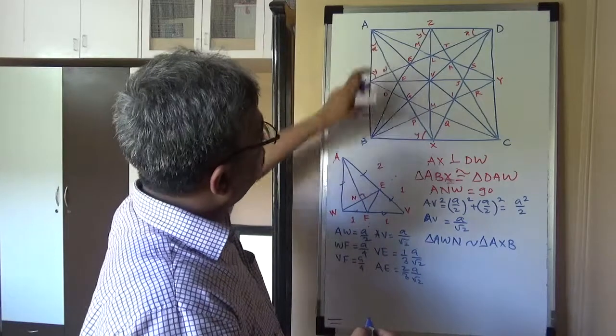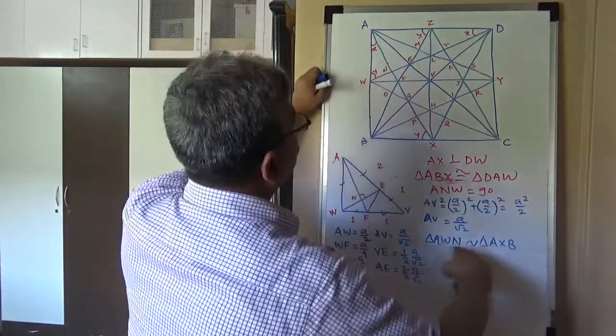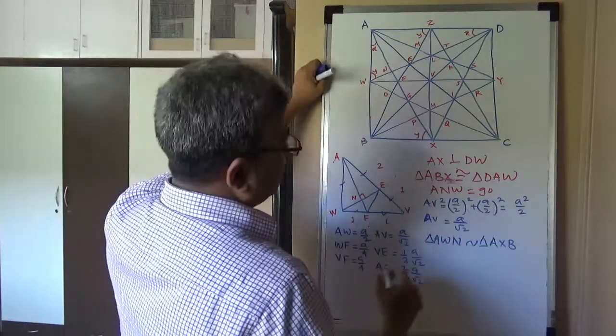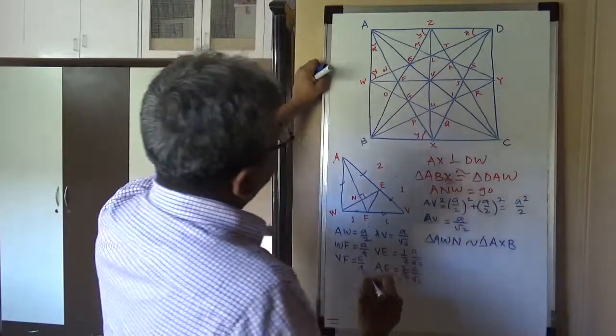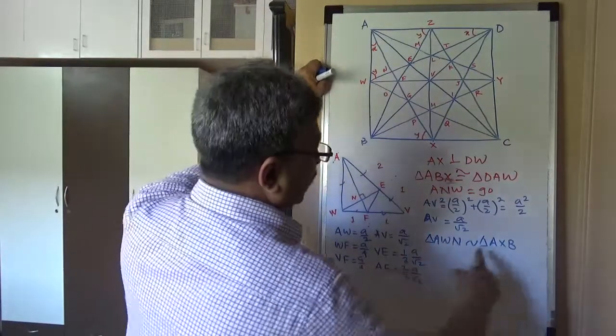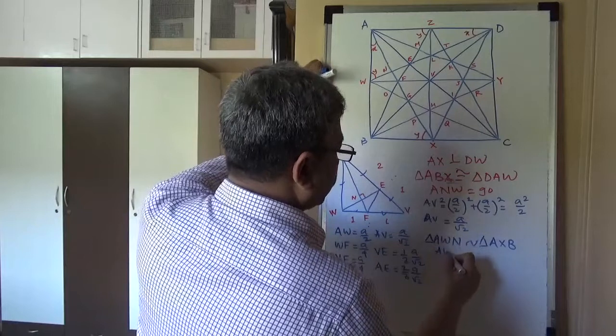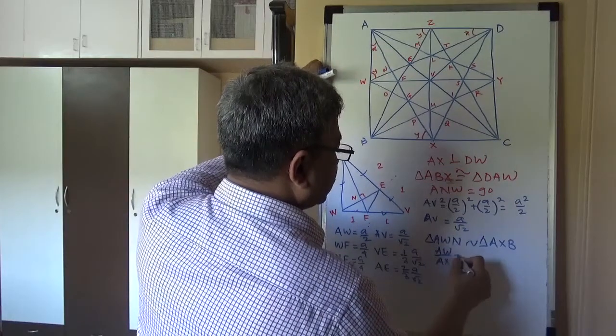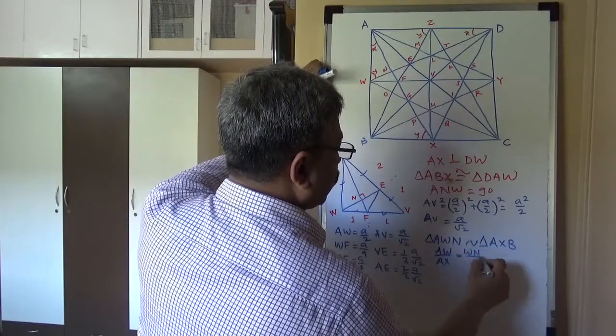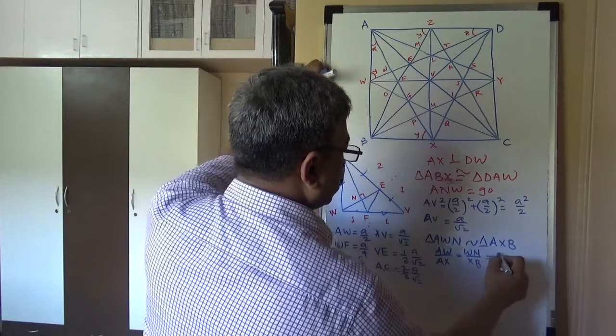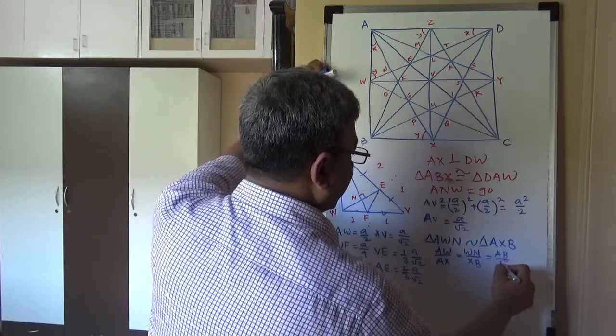Here A is a common angle and B is 90 degrees. Therefore these two are similar, and hence we get the ratio of the sides AW upon AX is equal to WN upon XB is equal to AN upon AB.